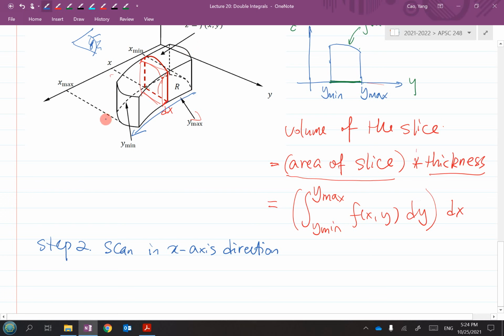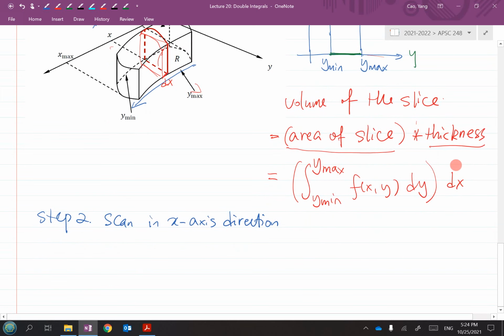Now, imagine you're using a 3D printer. The 3D printer will first print one very thin slice like this, and then it will keep printing on top of that to give you the whole geometry of the object. So that's the second step, scanning in the x-axis direction.